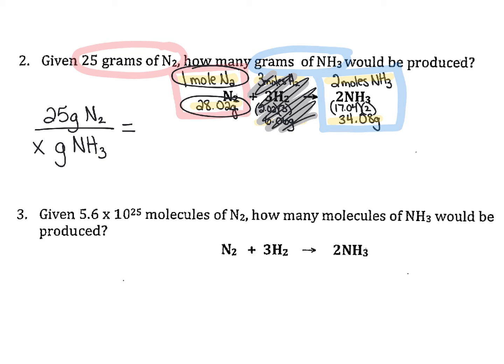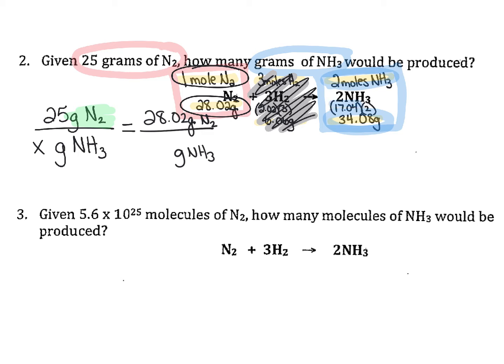Since I'm given grams of nitrogen, on the top I can just use the grams of nitrogen that it says I need in my balanced equation, which is 28.02 grams of it. On the bottom, I have grams of NH3. I can look at my balanced equation and see that I'm going to need 34.08 because remember, 2 moles of it are reacting.